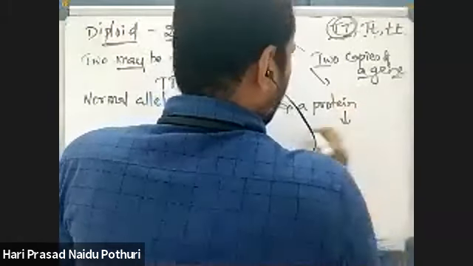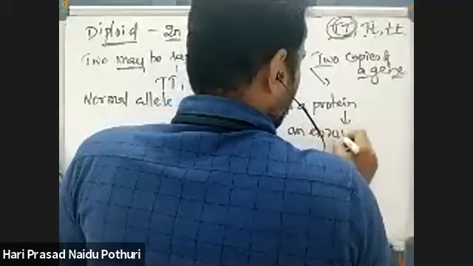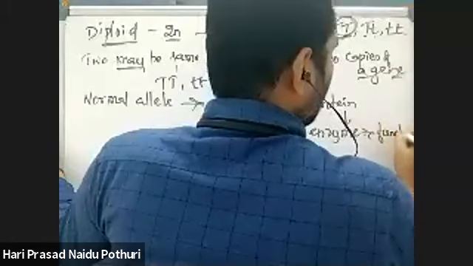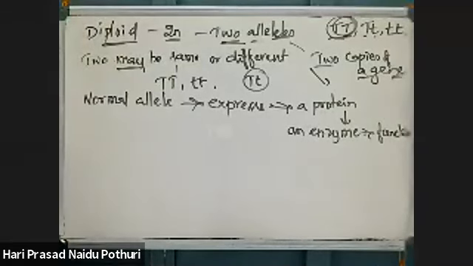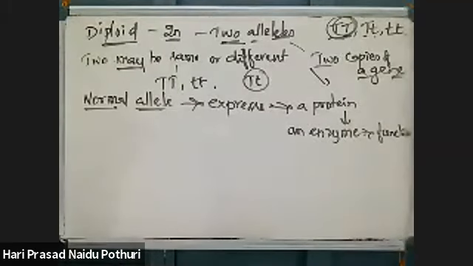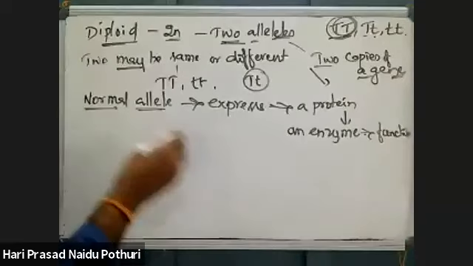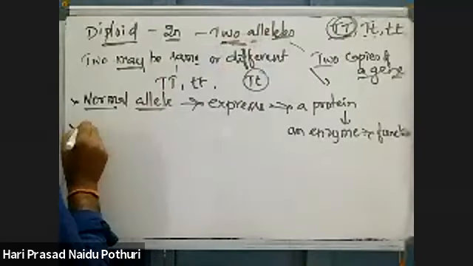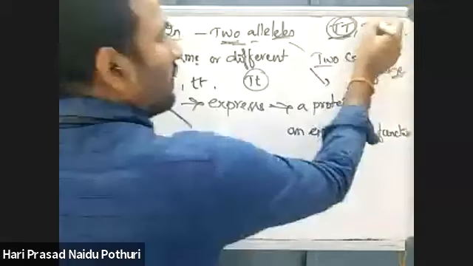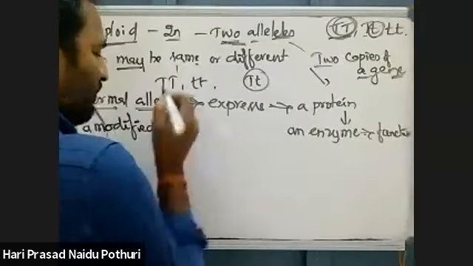Suppose this protein can be working as an enzyme. This enzyme carries out a biochemical role or function. A normal allele is there means that normal allele can express into a protein, like a protein product is formed, that normal enzyme is produced, that normal enzyme is performing a function. Suppose out of the 2 alleles, a modified allele is present. Let us assume this recessive one is a modified allele.